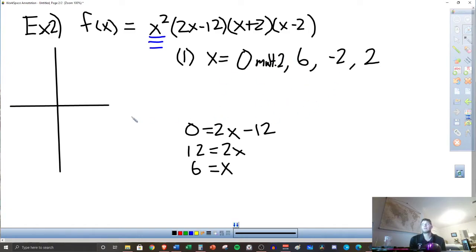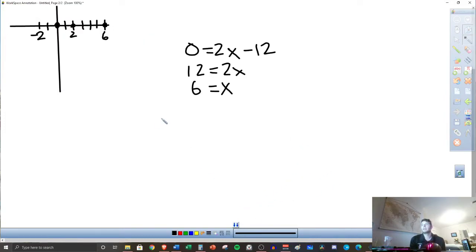And there's all of our zeros. So we're going to go ahead and plot those. So I'm going to put some tick marks. 1, 2, 3, 4, 5, 6. So 6, 2, 0. I'm going to go ahead and plot these as well. 2, 6. And then we have -2. Got it? Okay.